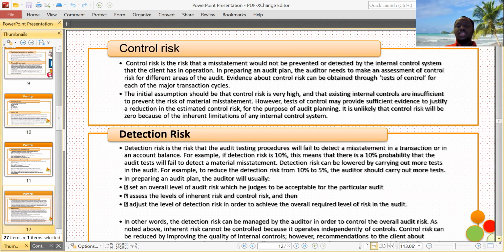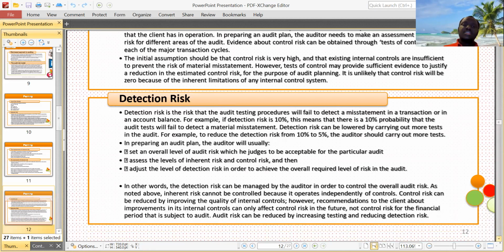Now let's talk about detection risk. Detection risk is simply the risk that audit testing procedures will fail to detect a misstatement in a transaction or in an account balance. So you see here, we have shifted to the auditor, right?